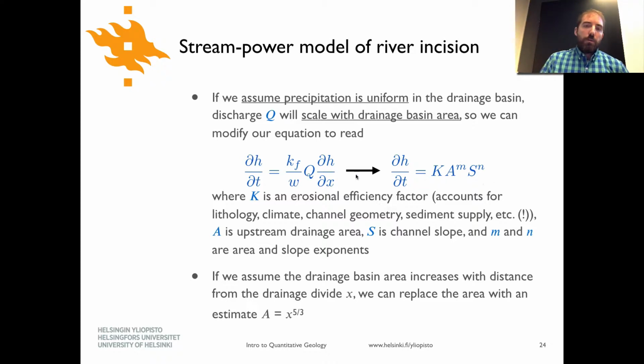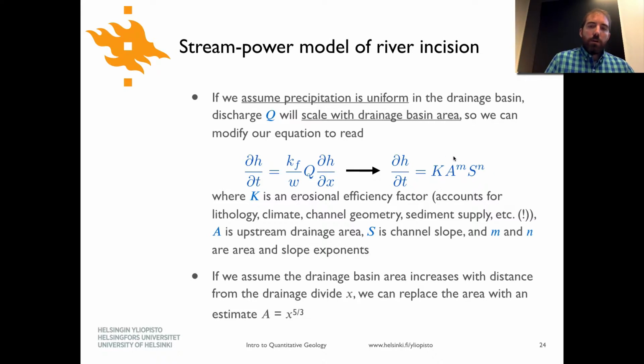S is the slope, so it's basically the same as dH/dx, but I don't know, maybe this is more appealing to the geologists to get rid of the differential terms and put in just one S. But then S again also has its own slope exponent. And these things are determined from experiments and from observations in nature, what the values of M and S are.